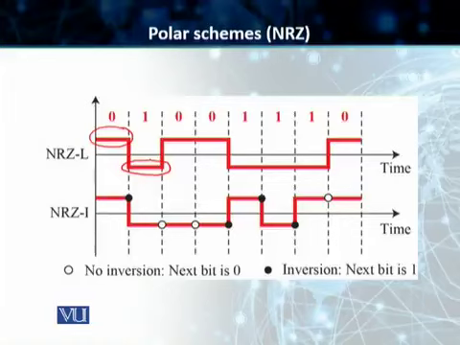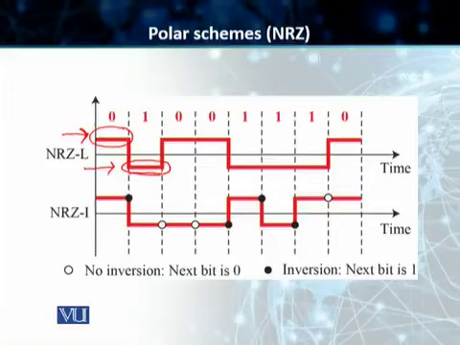Students, in the first one, NRZ-L, we have got assigned levels for 0s and 1s. We have got a positive voltage for 0 and a negative voltage for 1. As soon as we move from 0 to 1, the voltage changes from positive to negative. It stays constant because it's NRZ.